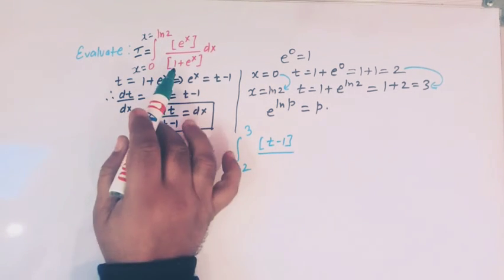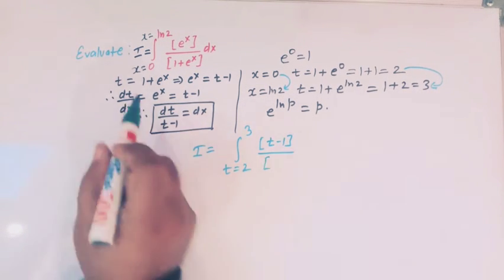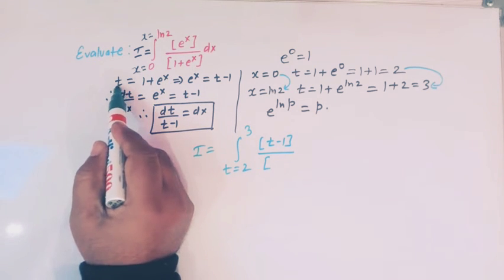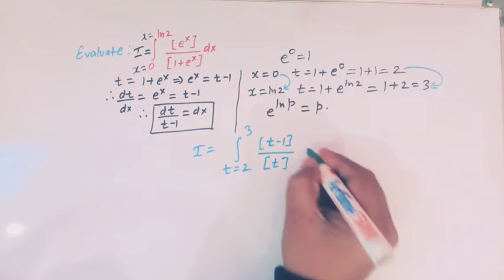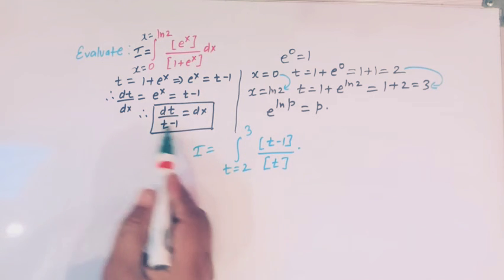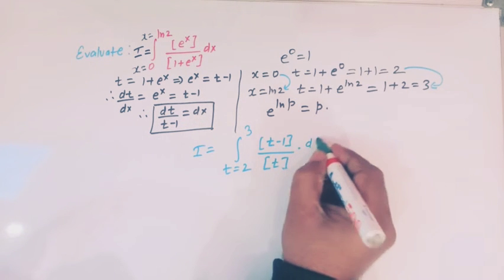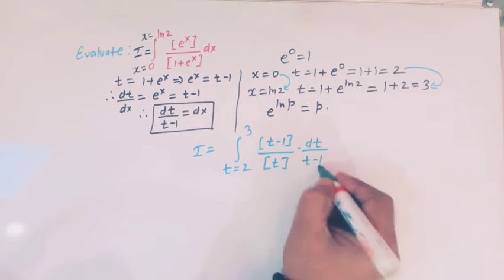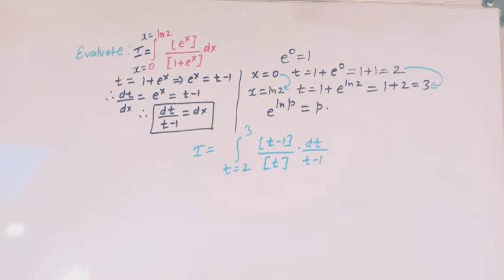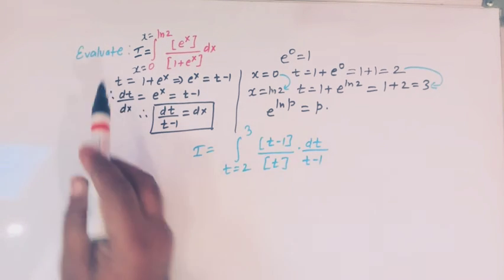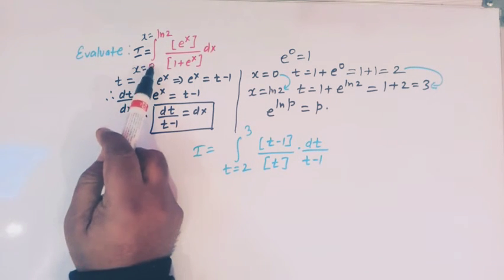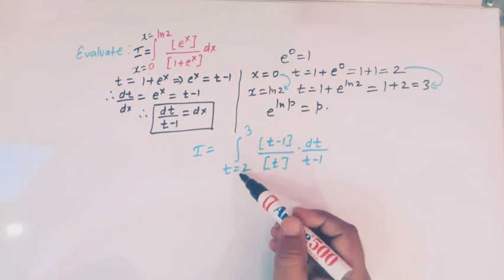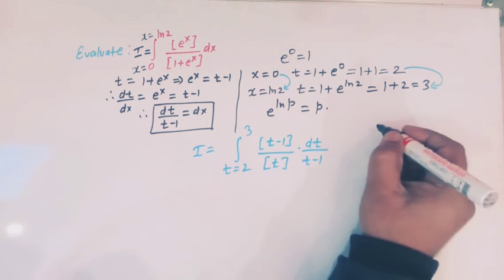In the denominator we have 1 plus e raised to x, which is t. And for dx we can write dt over t minus 1.